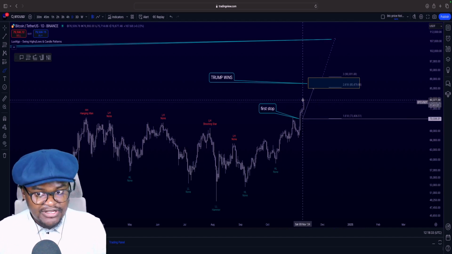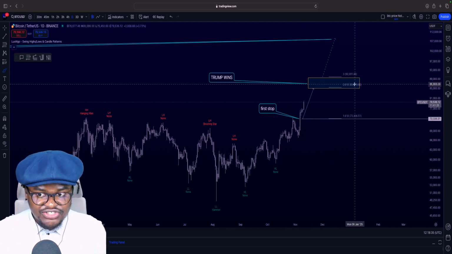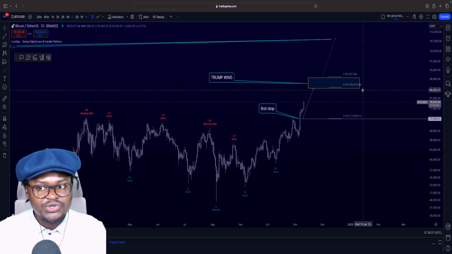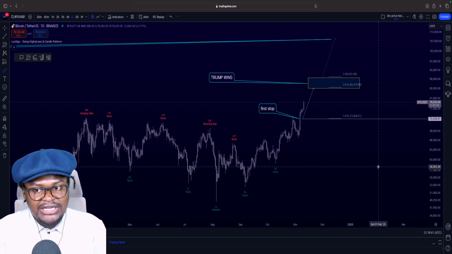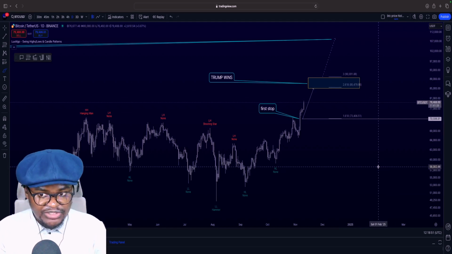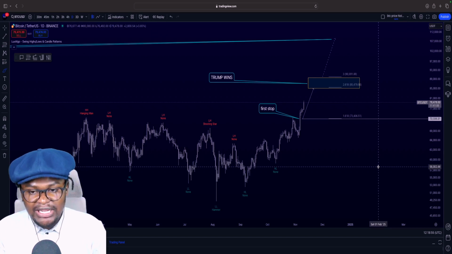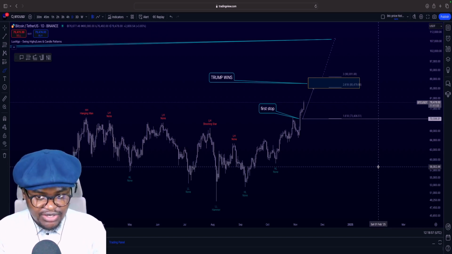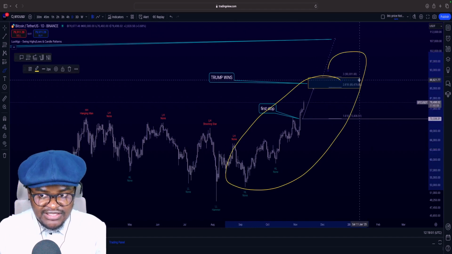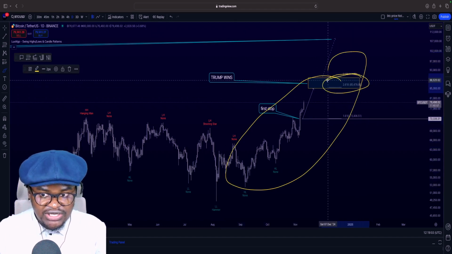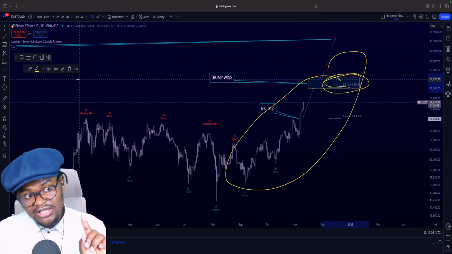Anything can happen. However, we have a zone right here, which will be the 2.618 for BTC, and that zone should mark its short-term top. We say short-term because the whole rally to the upside for the bull market type scenario is still going to continue. But for this particular chart right here, this zone should be its own short-term top, in theory.